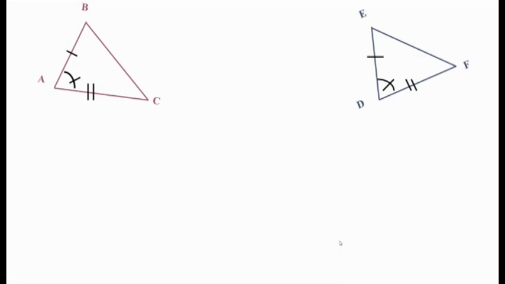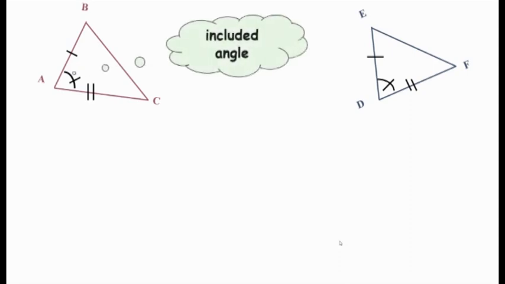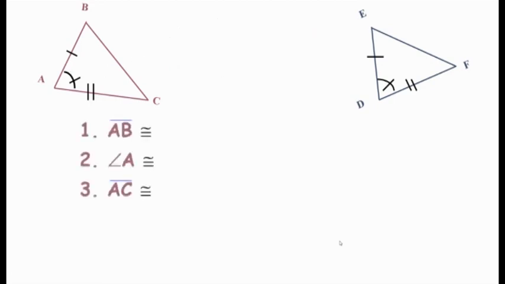The next one. Take a look at these two triangles. Can you identify an included side and an included angle? Yes, we have an included angle here, angle A and angle D in the other triangle. So let's begin. Side AB is congruent to what side? DE.